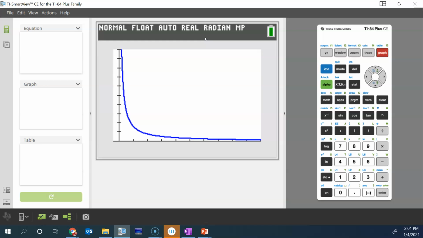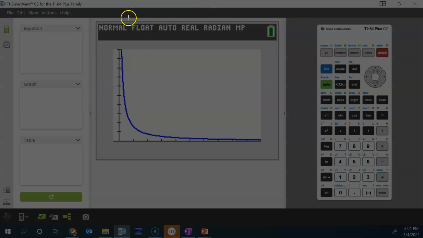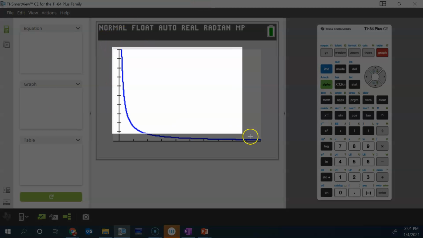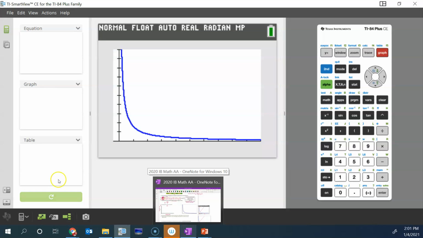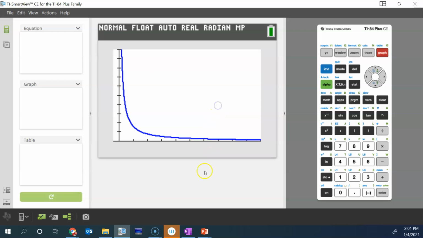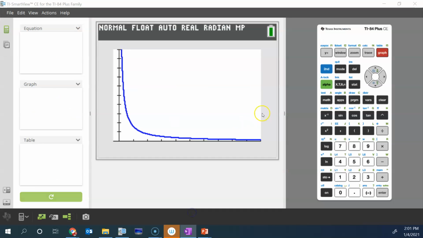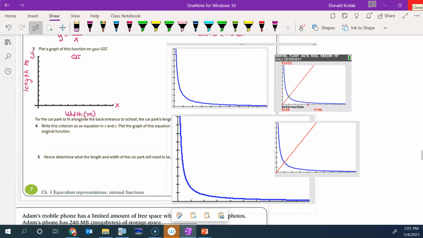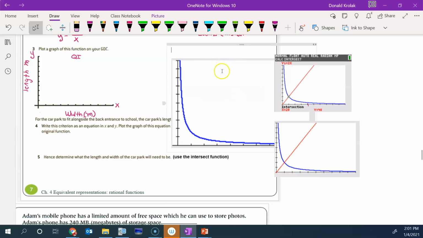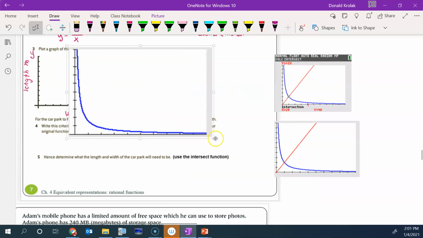That's fine. That guy, and there's our graph.